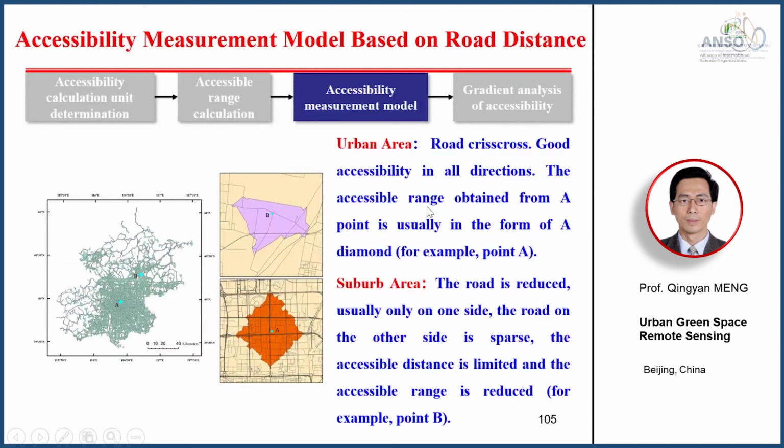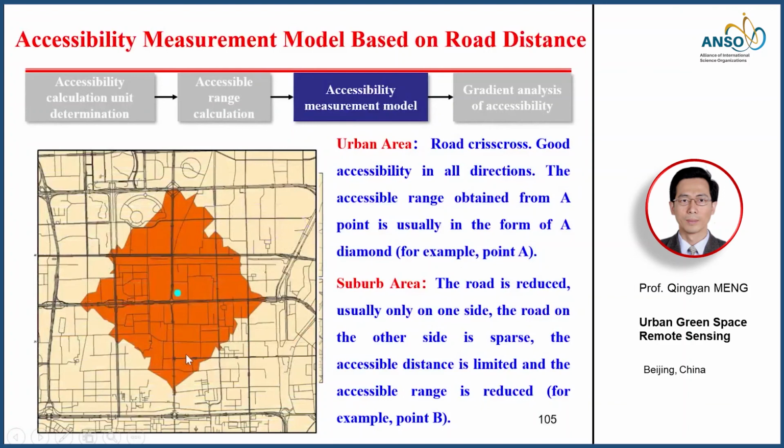Then we can compare the urban area, the road network. Here, this one has good accessibility in all directions, and the accessible range obtained from the A point is usually in the form of a diamond.